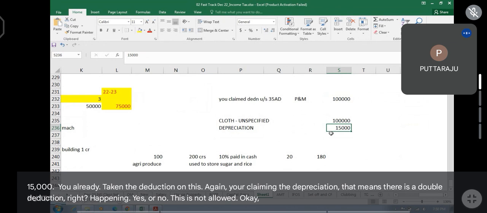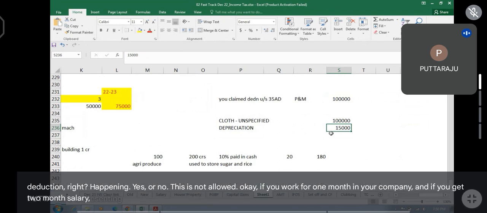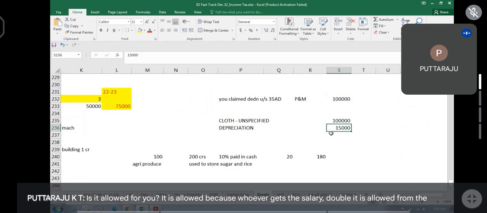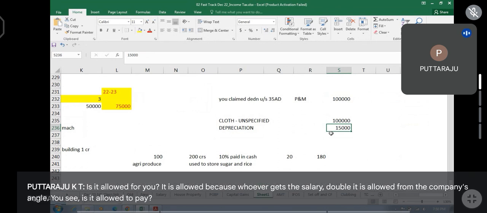If you work for 1 month in a company and you get 2 months salary, is it allowed? For you it is allowed, because whoever gets double salary, it is allowed. From the company's angle, is it allowed to pay everyone 2 months salary every month?